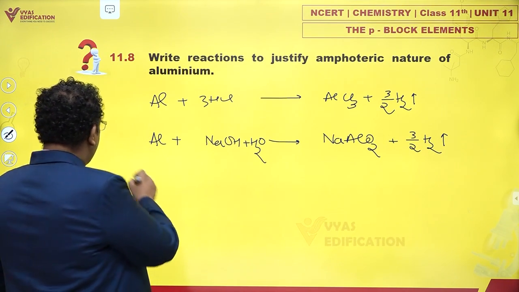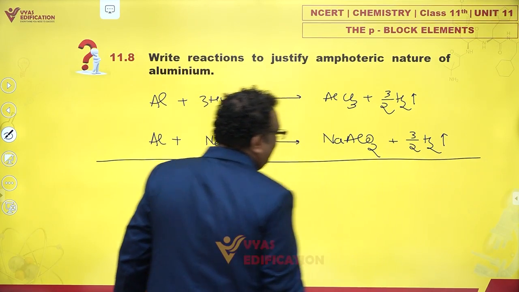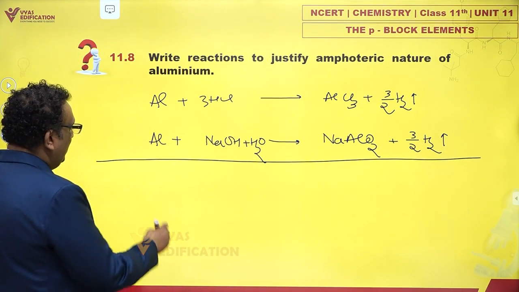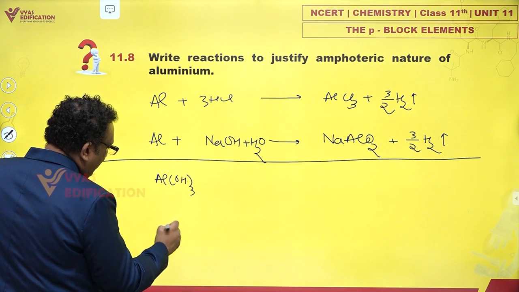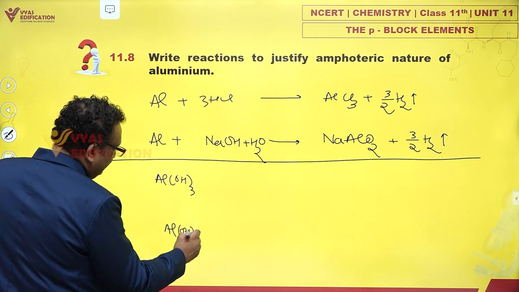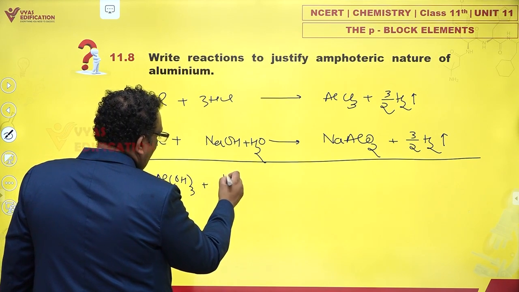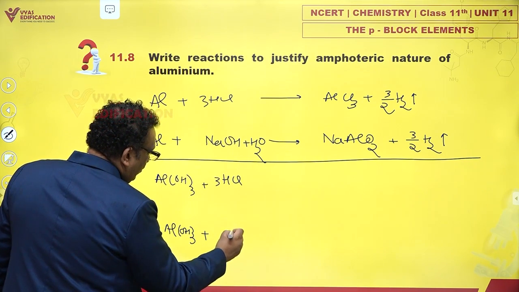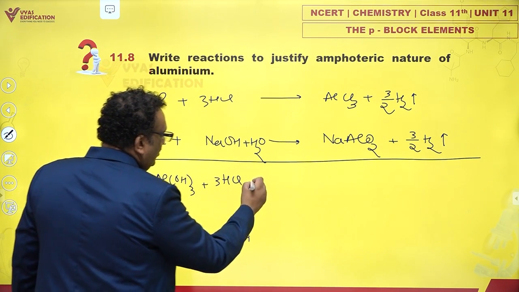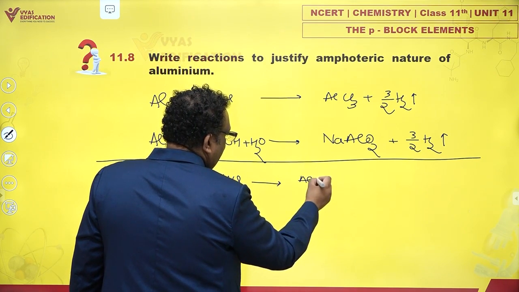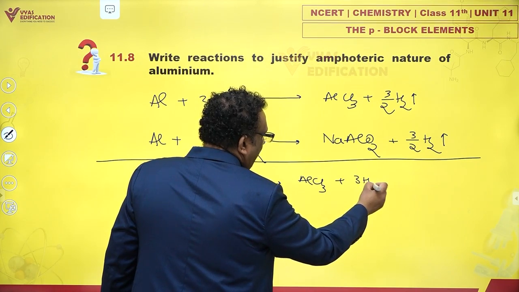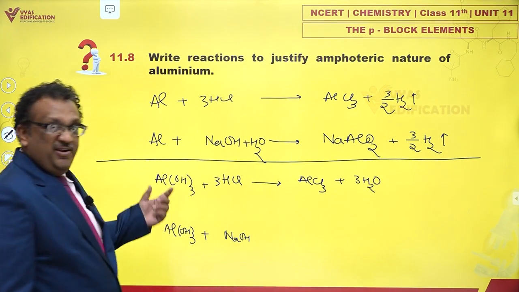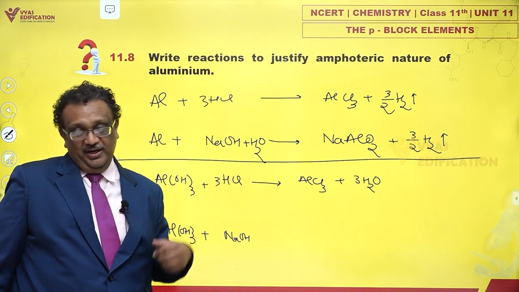One extra information. This is about aluminium. Can we also know about aluminium oxide? Yes, or aluminium hydroxide? Very well. If you have aluminium hydroxide and you take acid or you take a base, you find that aluminium hydroxide can react with acids to form salt, indeed.